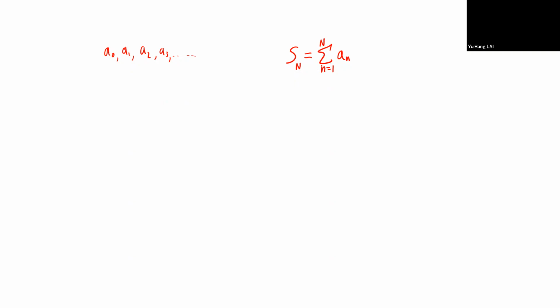I believe one kind of sequence or series that you have learned is the so-called geometric sequence or geometric series. If the first term is A0, then the second term is A0 times the ratio r, and then the third term is A0 times the ratio squared, and so on.